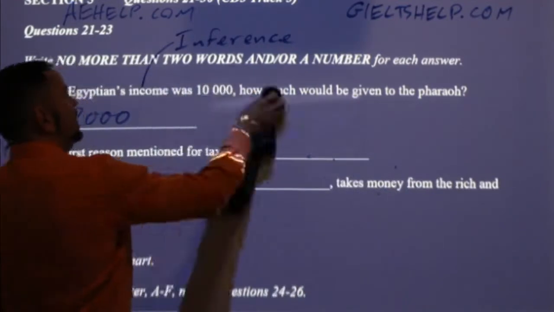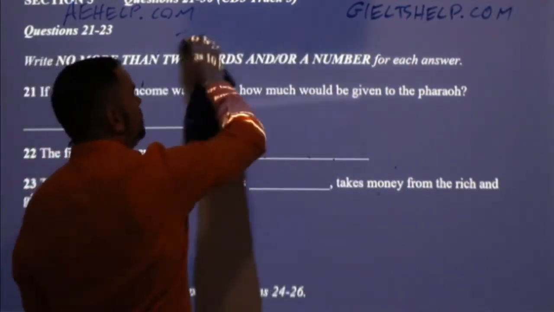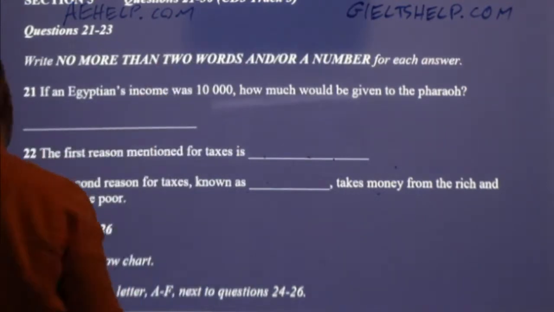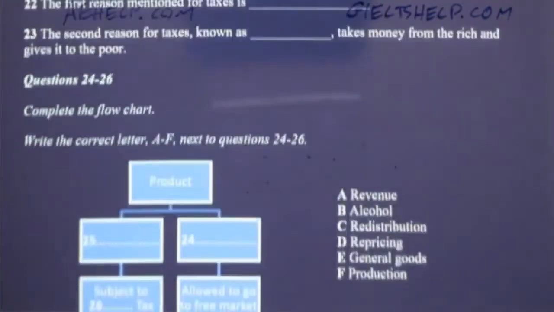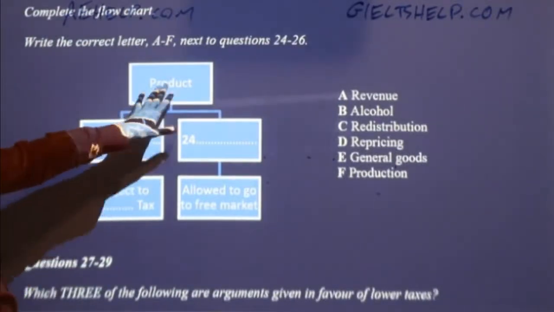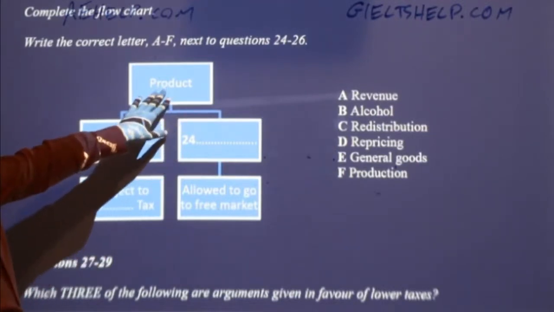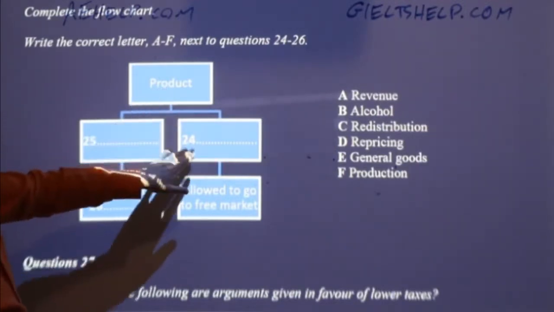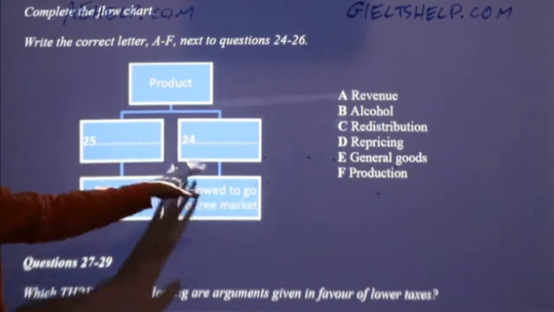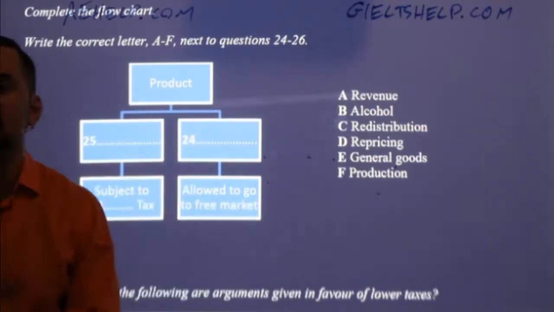All right, so then we had a flowchart type question for 24 to 26, the last two questions. And this one was talking about the third reason for taxes. So you have a product, and the product is something which is allowed to go to the free market. What type of product is allowed to go to the free market?